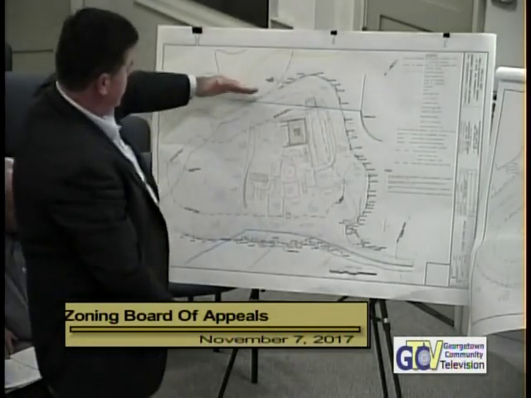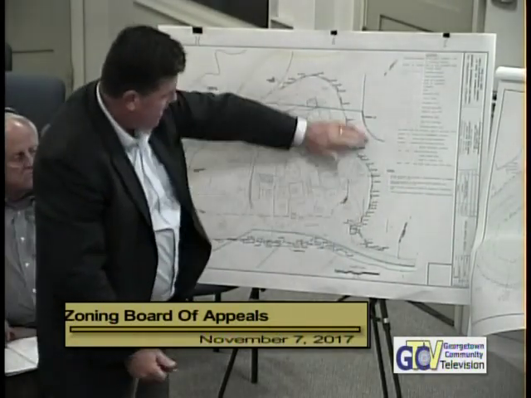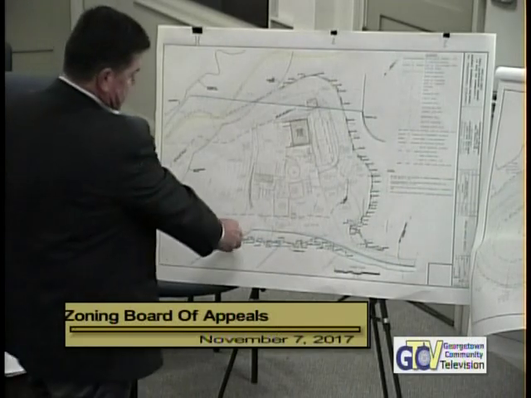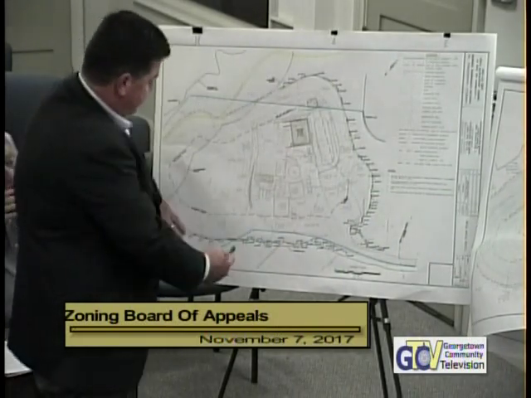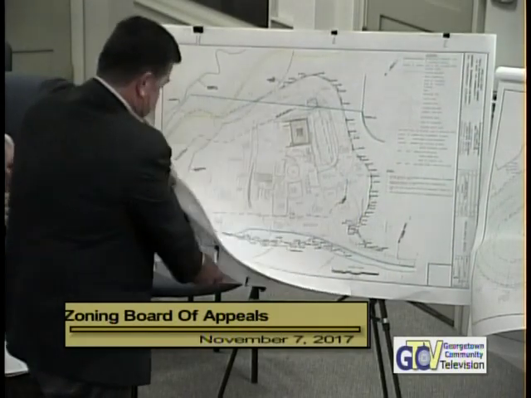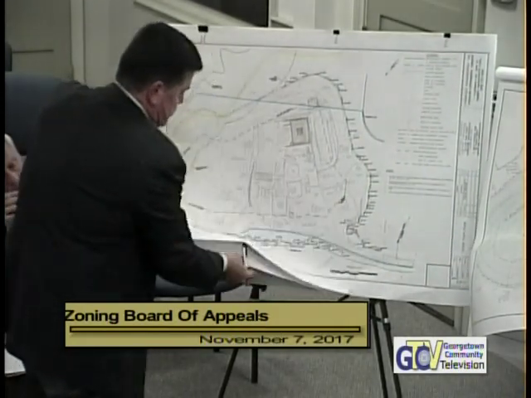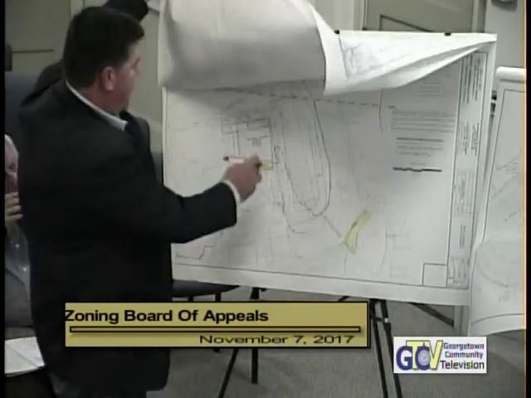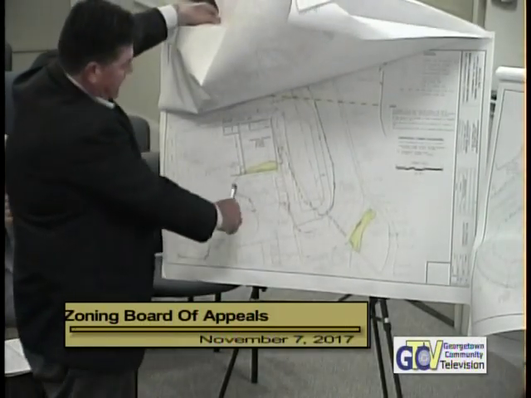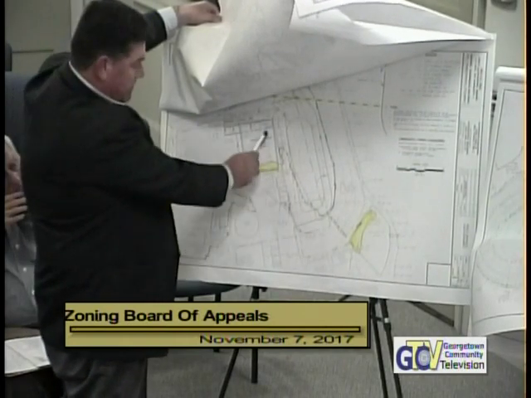So the area in here would be outside the floodplain. And we've also shown elevation 90, and as you can see, well, you can't see, there's a blow up. If we use elevation 90, 165.23.